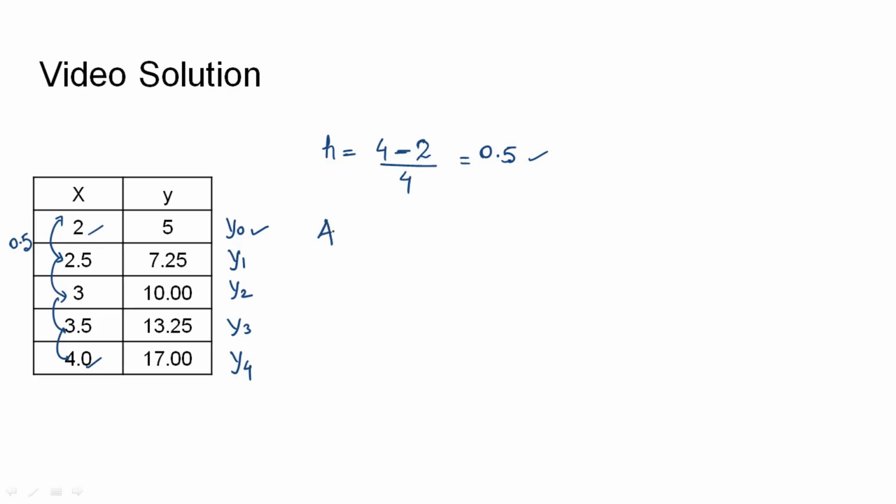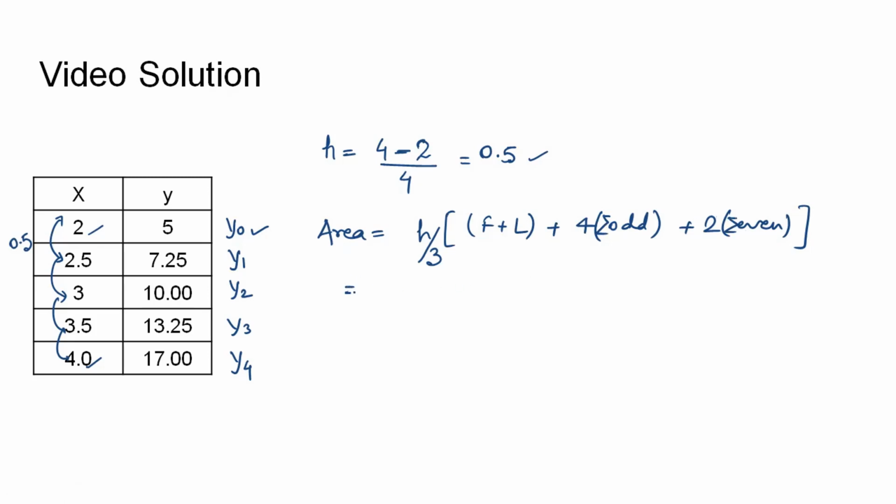So using Simpson's 1/3 rule, the area is given as h over 3 times the first plus last ordinate plus 4 times the odd plus 2 times the even ordinates, the sum of this. So here h is given as 0.5 over 3. First and last ordinates can be seen as 5 and 17.